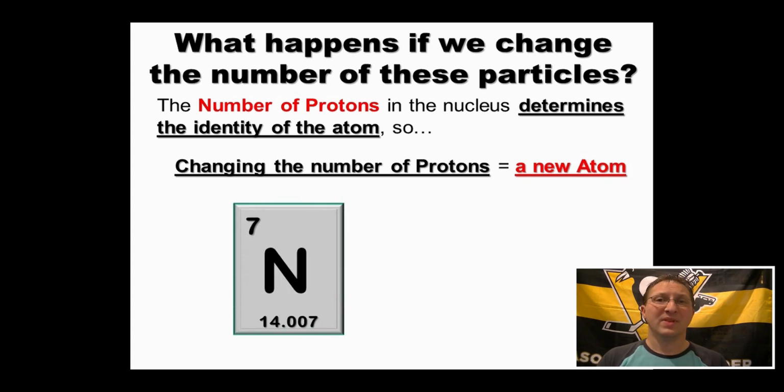For example, if we look at one of these squares on the periodic table, and here we have nitrogen, and nitrogen has 7 protons. We'll talk more about how the periodic table is arranged. But nitrogen has 7 protons. If I really worked hard, I could take that nitrogen and throw some extra protons at it, hoping to get one stuck, and maybe an extra one sticks to the nucleus.